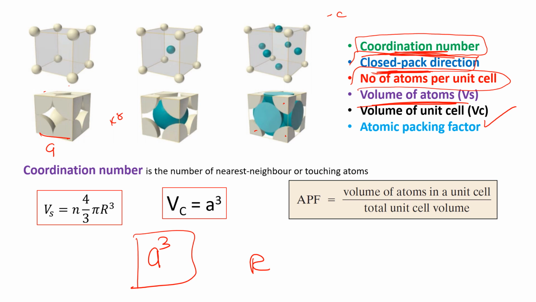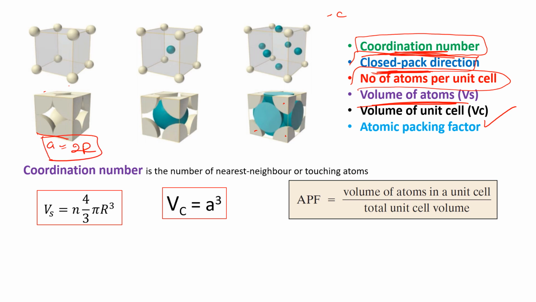Magnesium radius, aluminium radius, we know the radius of any element. So we should know the relationship between A and R. If you consider simple cube, A is this, R is this, so A is 2R. Am I right? For simple cube, A is 2R. Do you agree with that?